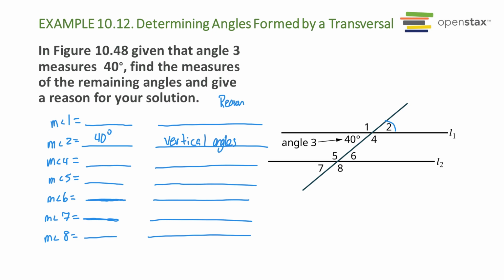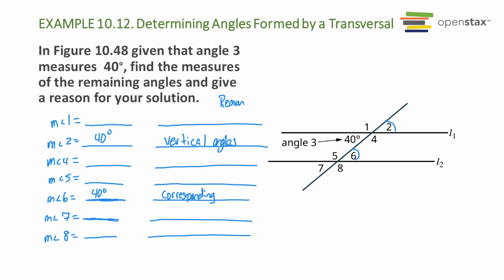And then the next freebie we get is angle 6, because that's also going to be equal to angle 2. So 6 is also going to be 40 degrees. And that's because they're corresponding. Notice they're in the same place on the parallel lines, so they're corresponding.